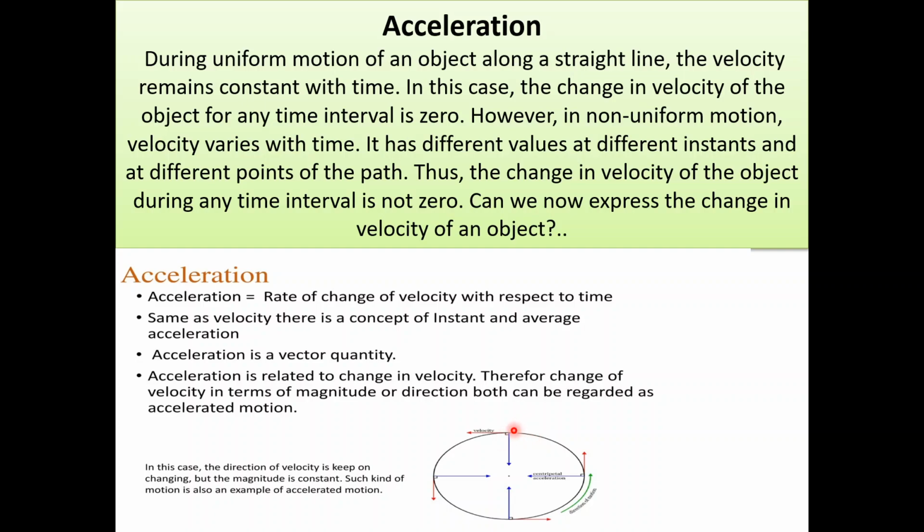At each point, the direction of the velocity is along the tangent drawn at that point. Take a stone, tie it with a thread, move it very fast in a circular path and release the thread at any point. You will find that it moves out.